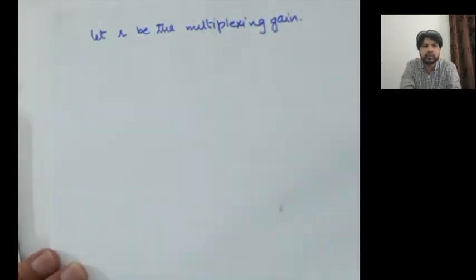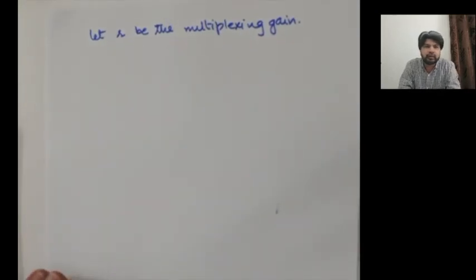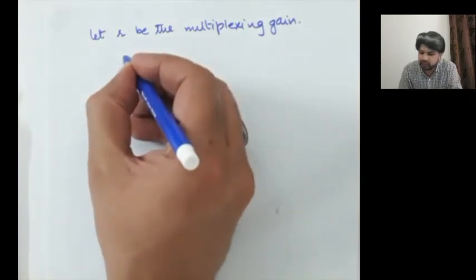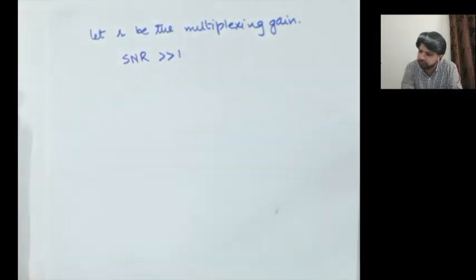And remember, we said that multiplexing gain is related to the number of parallel channels, the number of parallel streams that you can have in a MIMO channel. So we would always be working in the high SNR regime. That means we would assume that your SNR is much greater than 1.